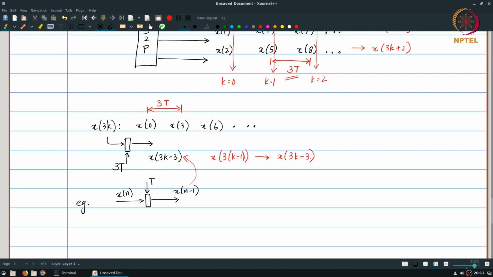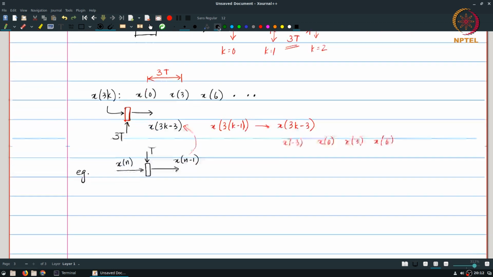This sequence x of 3k minus 3 will basically have the values x of minus 3, then x of 0, x of 3, x of 6, and so on. Right? So this effectively tells us that a single register being applied on the slowed down stream allows me to delay x of 3k to x of 3k minus 3.